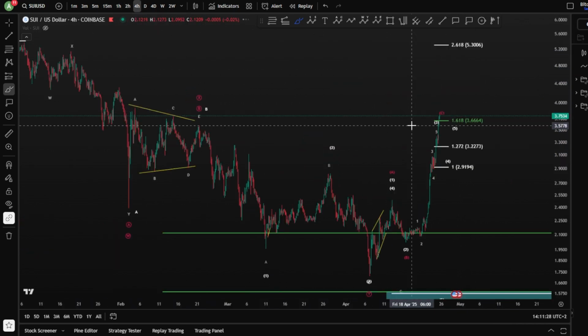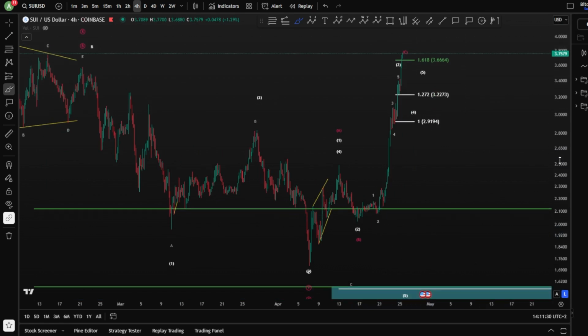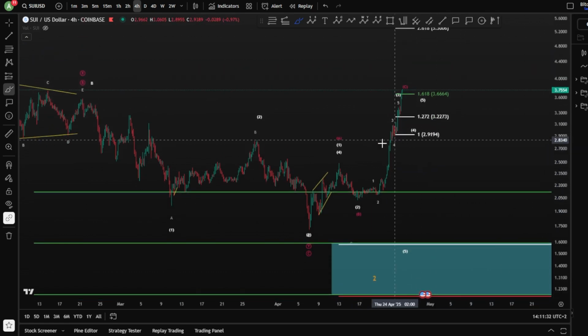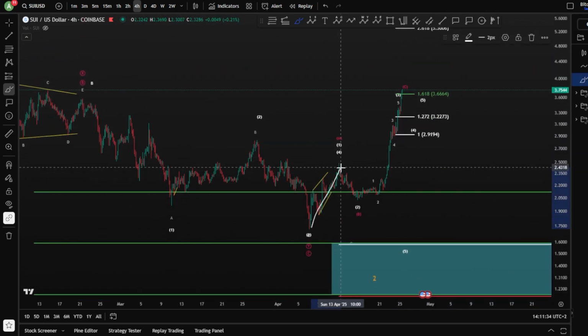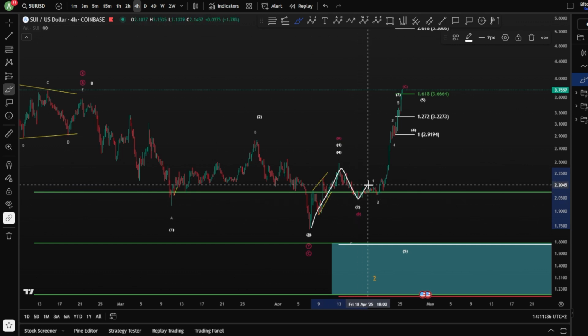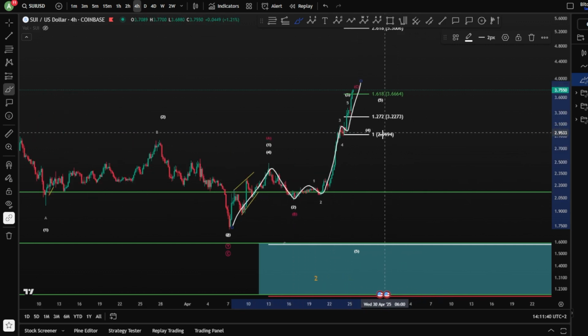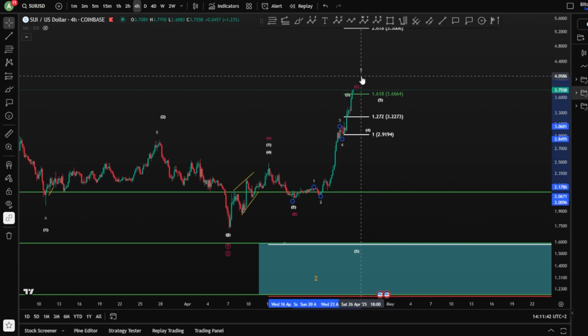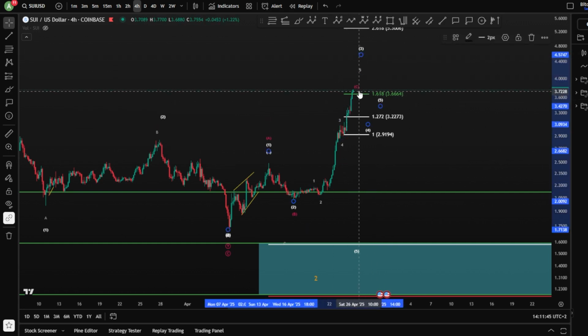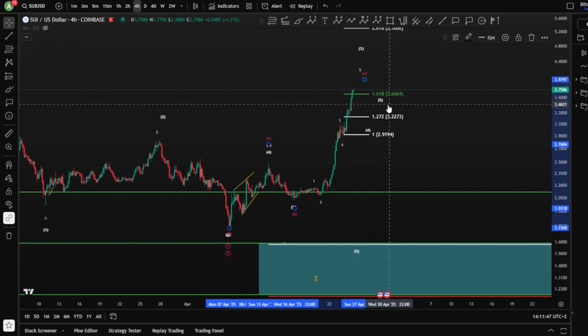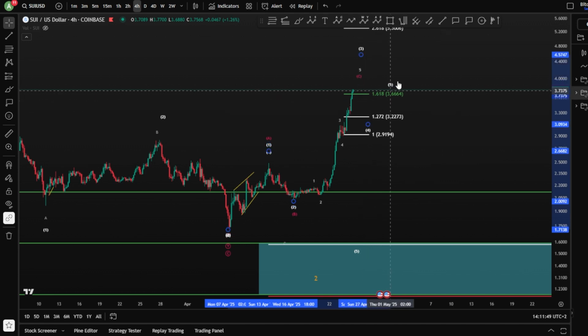Now if we move inside it, of course on the 4-hour chart, we are looking at a very huge impulse toward the upside after a leading diagonal here, wave 2, and then 1 2 3 4 and a 5, and it looks like this wave 5 is still unfolding or extending. I would say this is where the impulse starts to make extensions, guys.